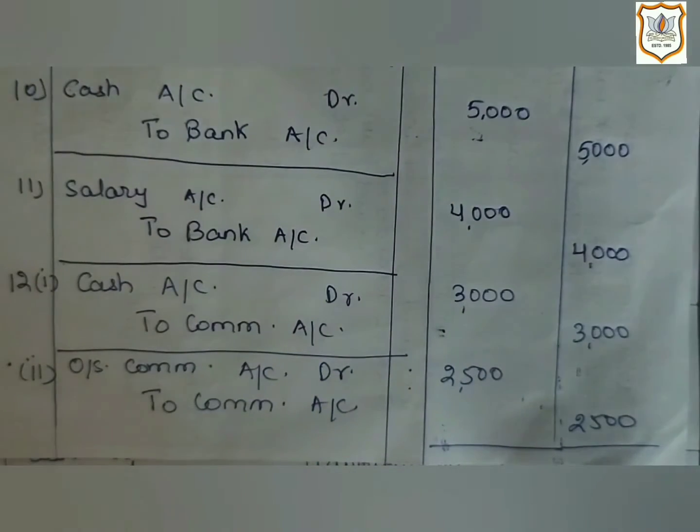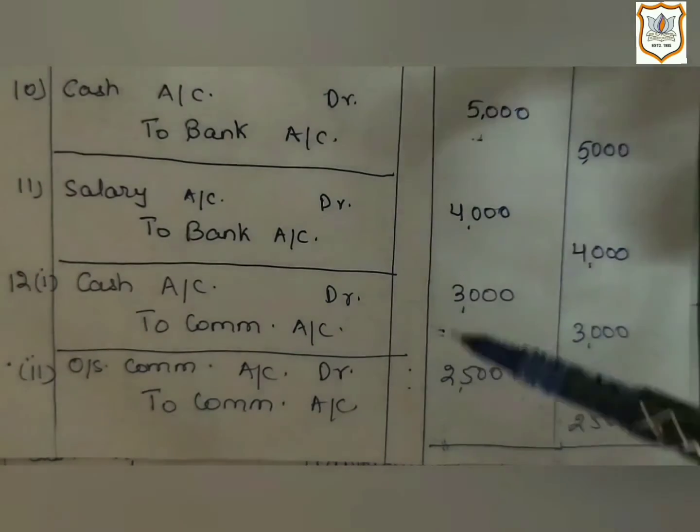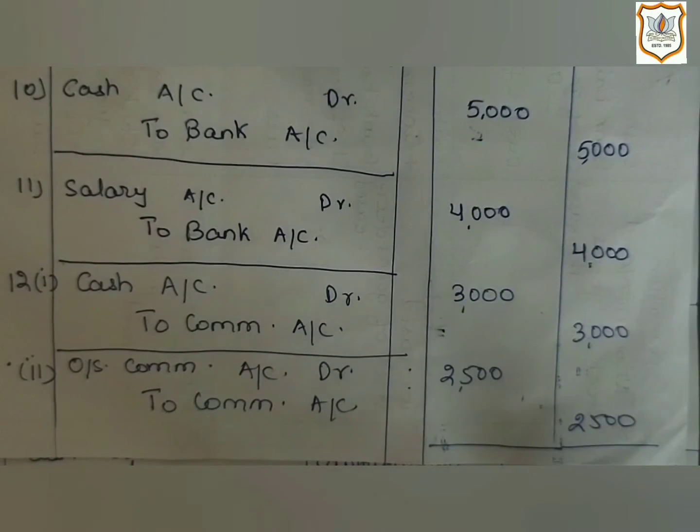Now let us move to transaction number 12. Commission received in cash rupees 3,000 and rupees 2,500 are outstanding. Here two transactions are there on the same date. First, let us pass the journal entry for the transaction commission received in cash rupees 3,000.